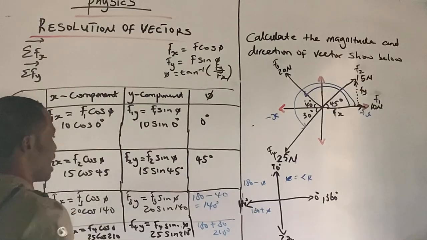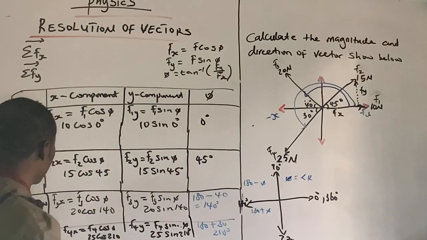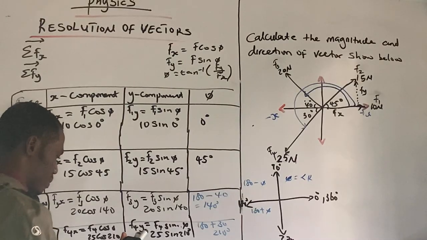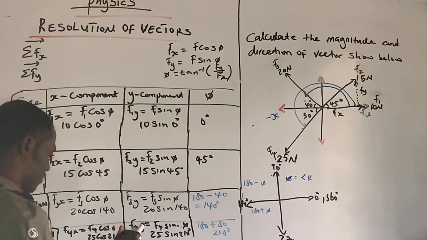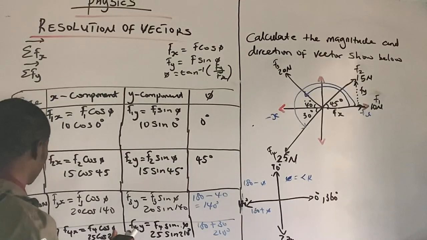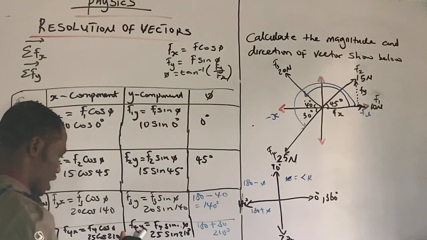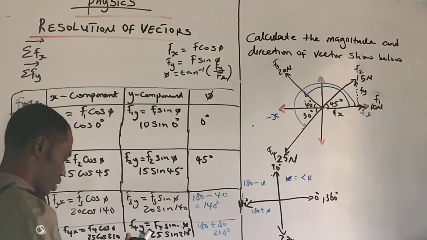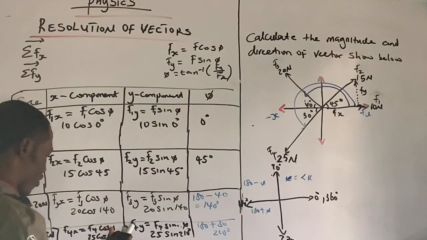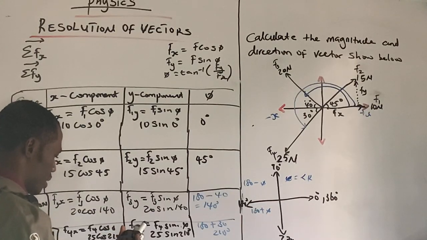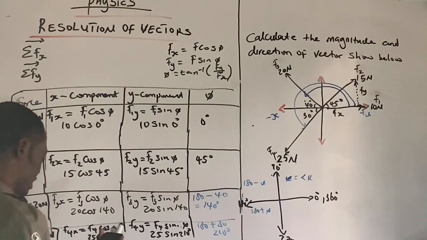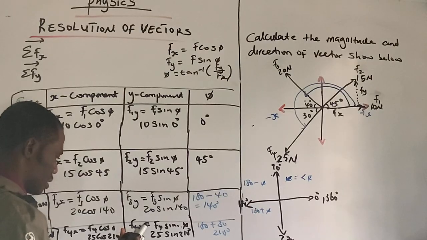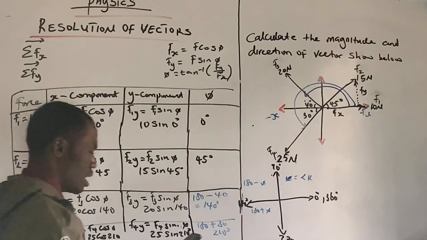You can go ahead and get the answer if you want to, but because of time, let's just do it. 10 cos 0 plus 15 cos 45 plus 20 cos 140, okay, plus 25 cos 210, okay, 210.